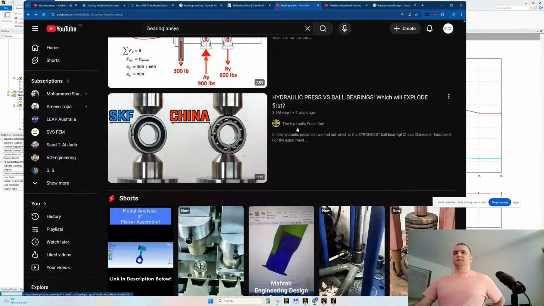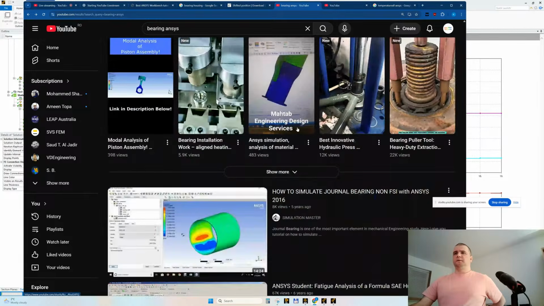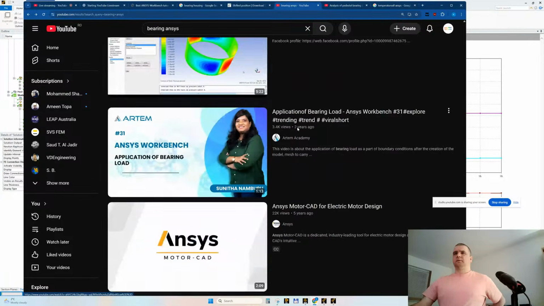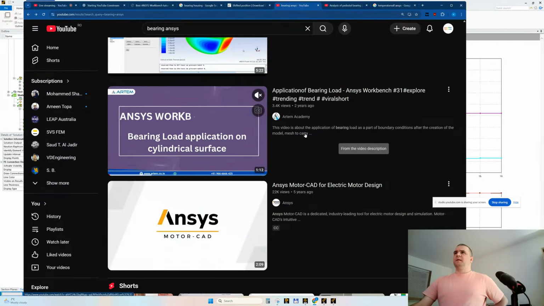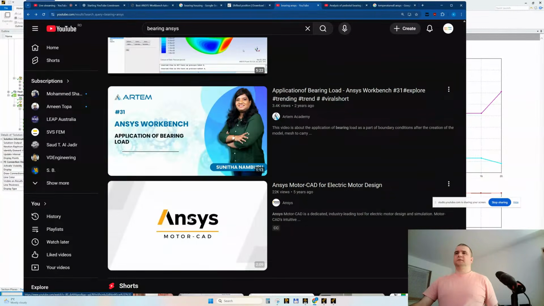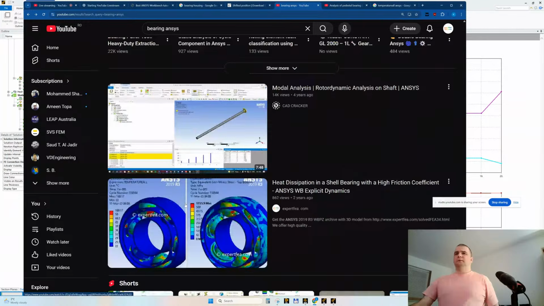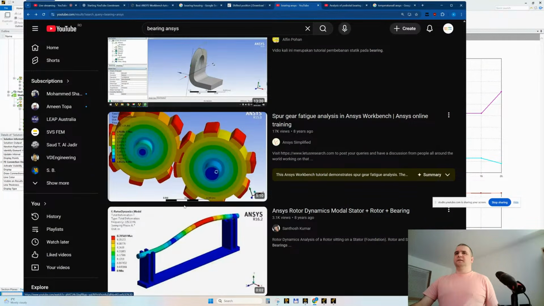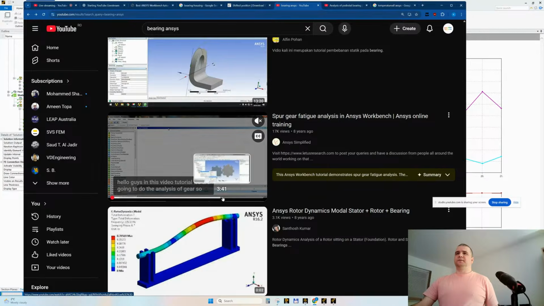Oh, do we see something here? Let's see. Application of bearing load. It's just a load. It's a bearing load, yes. Spur fatigue. This should be cute.